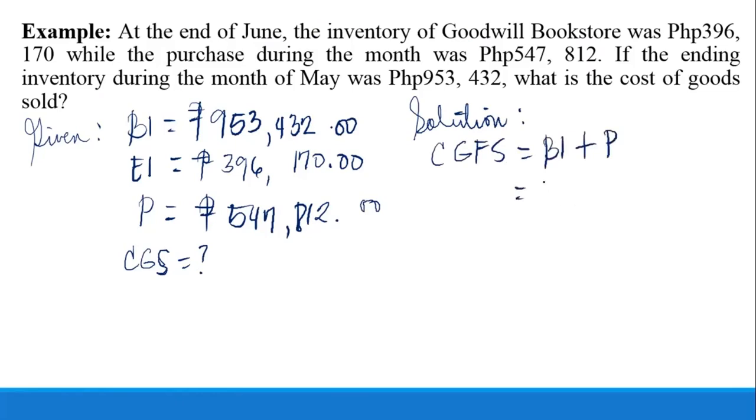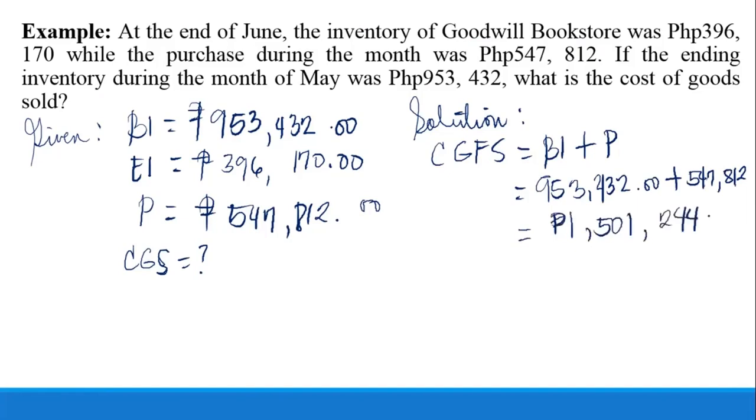So yung beginning inventory natin is 953,432 pesos plus the purchases na 547,812 pesos. Okay? So the cost of goods for sale now is equal to 1,501,244 pesos.